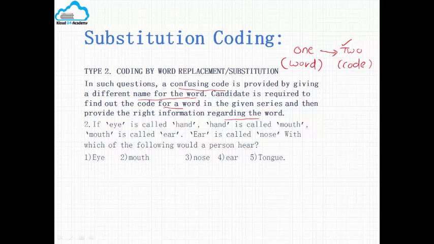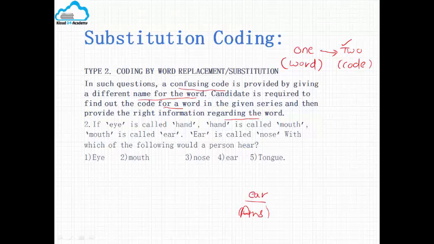The word is given a confusing code. Let's look at this question. If eye is called hand, confusing. Hand is called mouth, mouth is called ear, ear is called nose. With which of the following would a person hear? Now we all know how a person hears, from ear. Okay, so we know the answer.